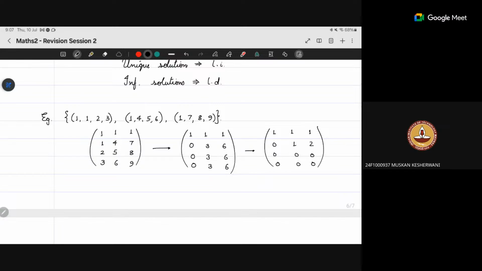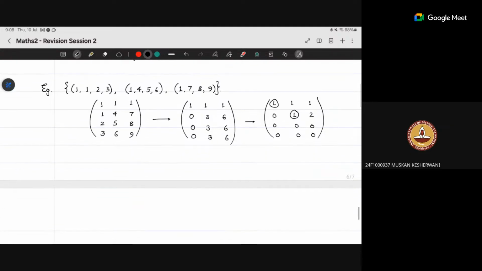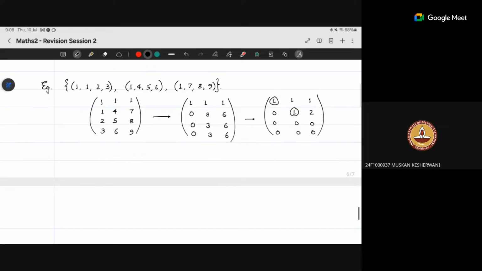Are you convinced that eventually you will get to this point? Yes. So if I want to solve a system of equations for which this is the coefficient matrix, the homogeneous system of equations, will this have a unique solution or infinitely many solutions? Infinitely many solutions.